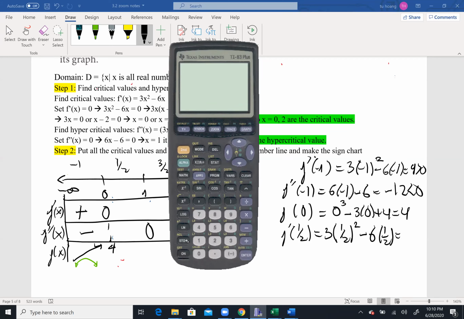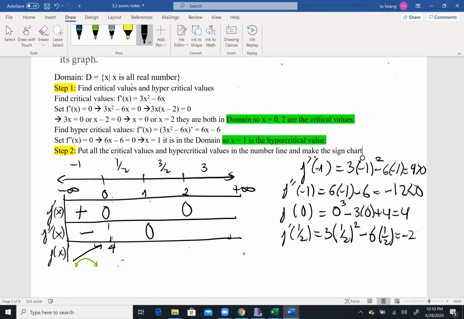I have 3 times 0.5 squared, minus 6 times 1/2, also 6 divided by 2, same thing. That equals -2.25, which is less than 0.